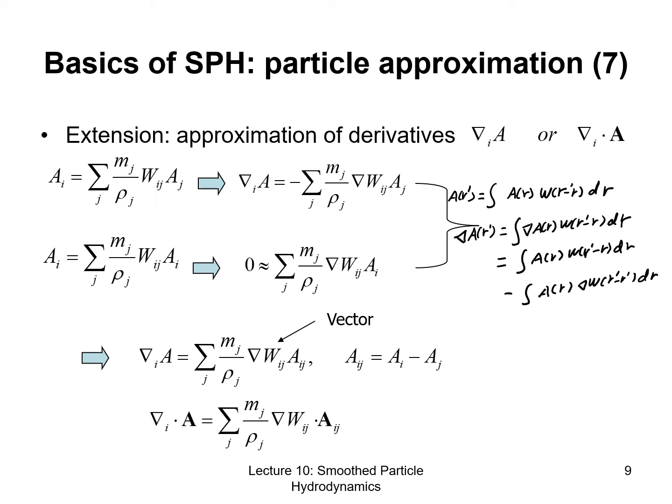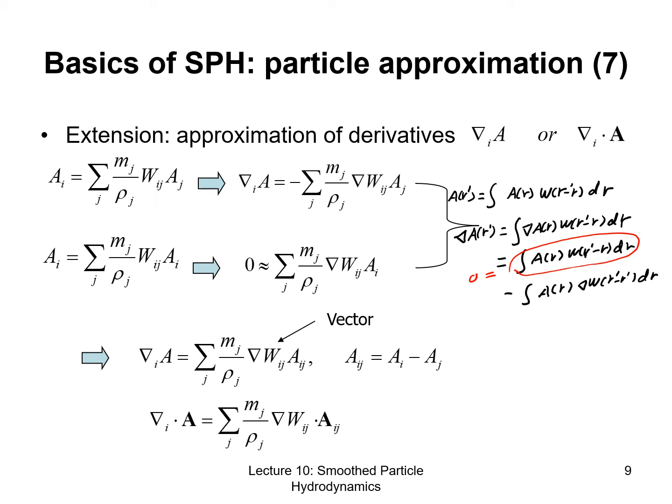And because the kernel function has compact support, the first part will equal 0, so the approximation of the integral would be only the second part.